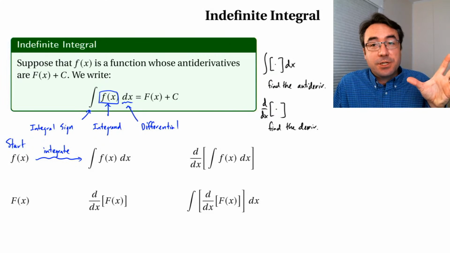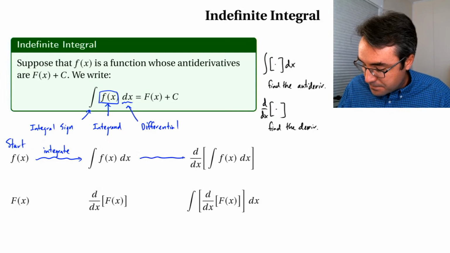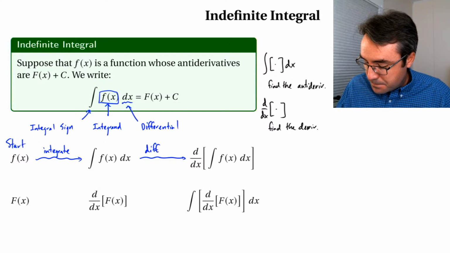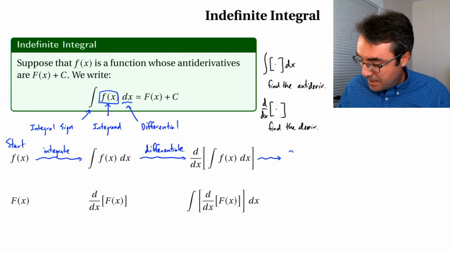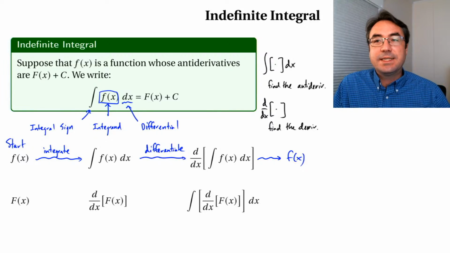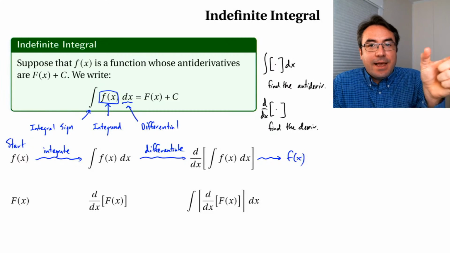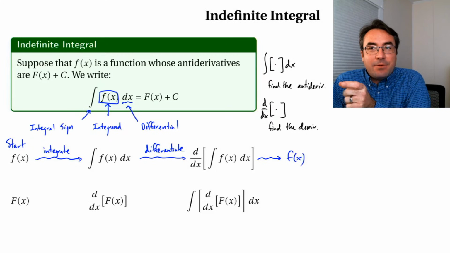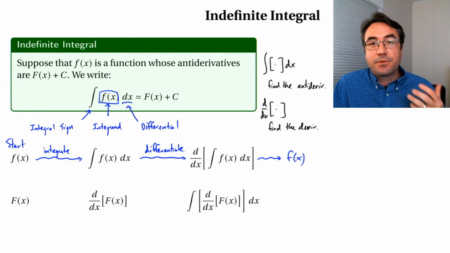So that's some new function. And let's take that function and differentiate it. What we would get out is exactly where we started. We would go back to little f of x. So if we start with a function, integrate it, and then differentiate that, we're back to where we started. So it really is behaving like a reverse operation. It's undoing what the derivative does.